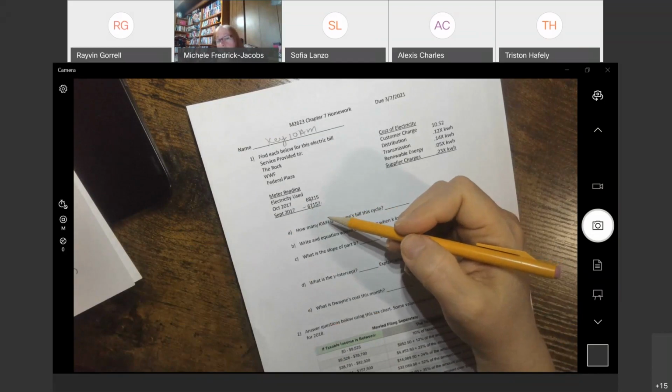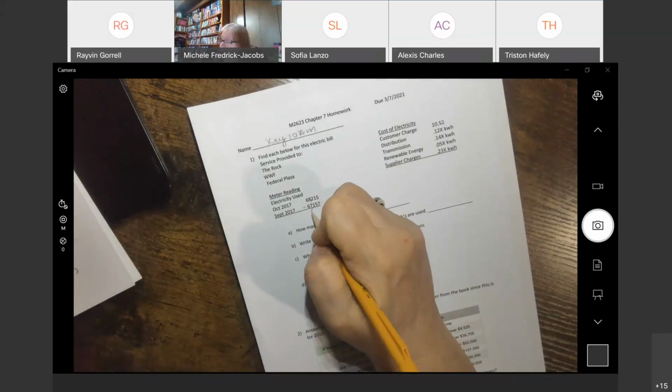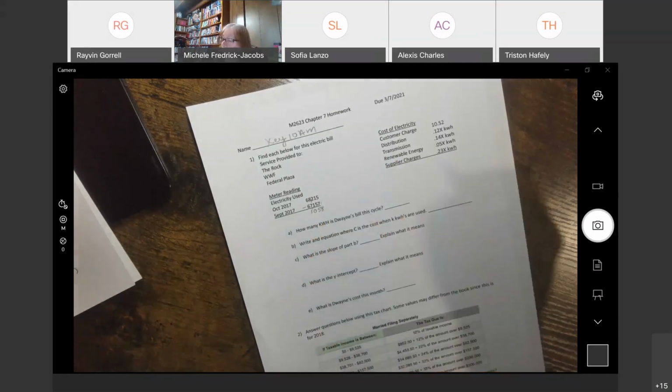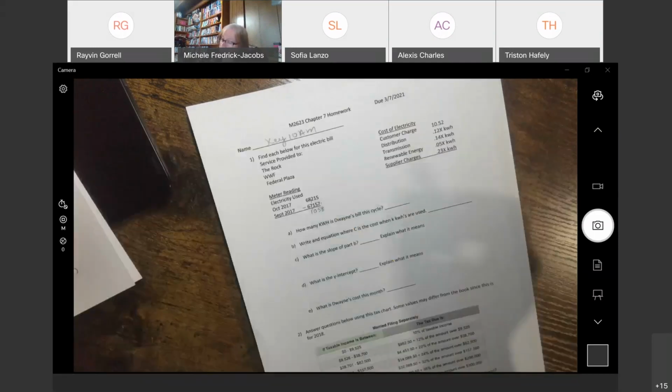So it just added on from September to October. Exactly. And that's why I compare it to the miles of a car, because your car is one you see a lot and it just continuously adds on. So you're just subtracting it to find how much was added this month? Exactly. Okay. And since 1058 was added, that's how many kilowatt hours you use.